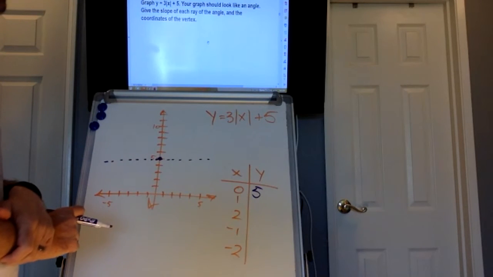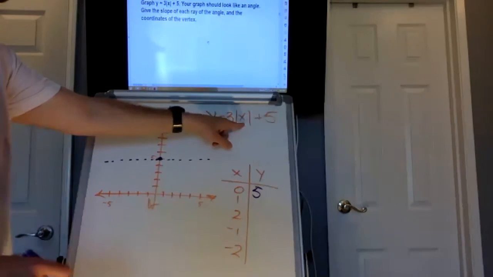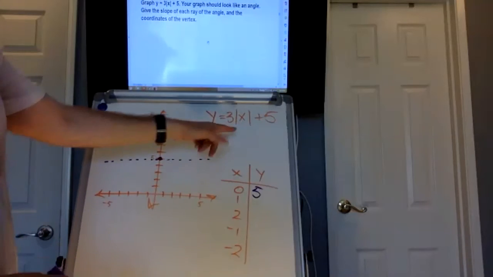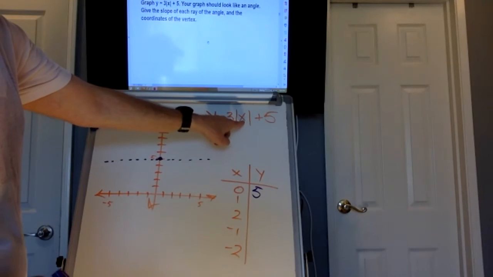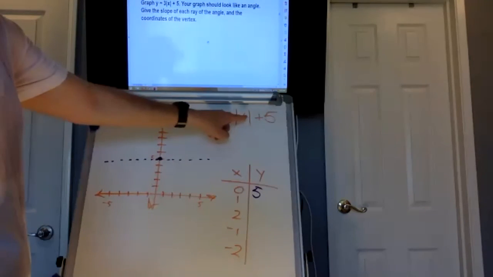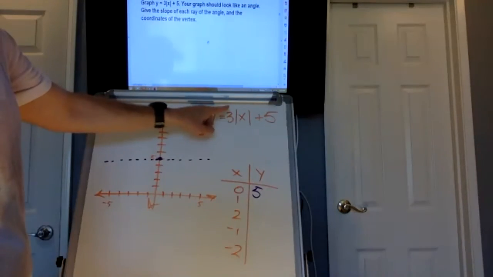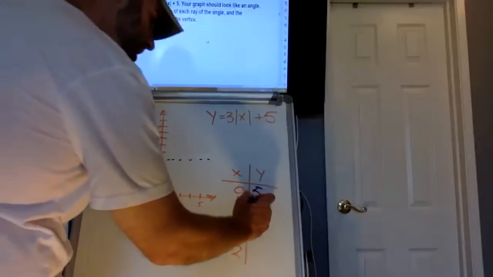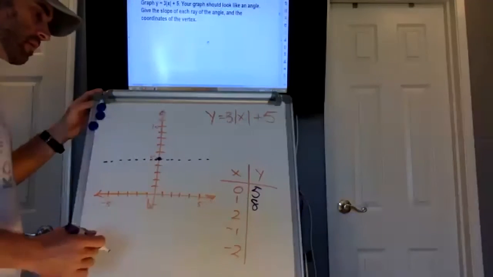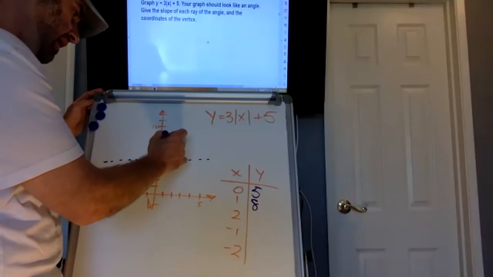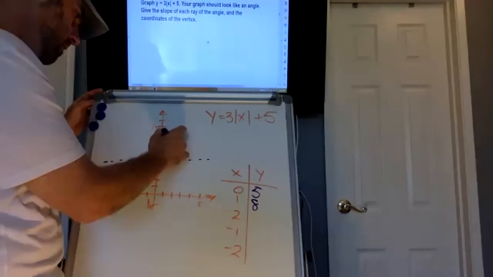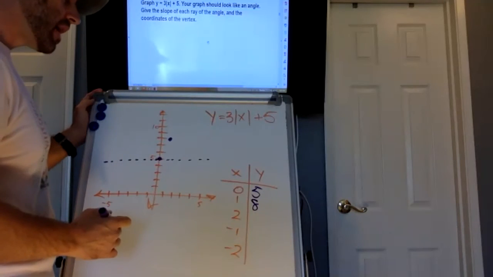No matter what negatives you put in there, they will be turned into positives. Let's try a positive one. x is 1. Absolute value of 1 is 1. 1 times 3 is 3. 3 plus 5 is 8. Okay, so 1, 8. Okay, put in a 2.